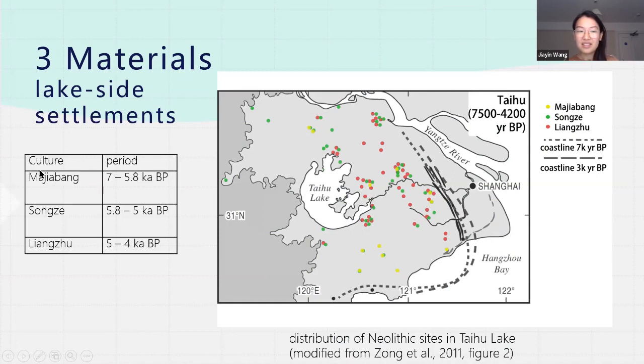This is a chronology of the three archaeological cultures in the Taihu Lake region from 7,000 to 4,000 BP. First is the Majiabang culture, then the Songze culture, and finally the Liangzhu culture.